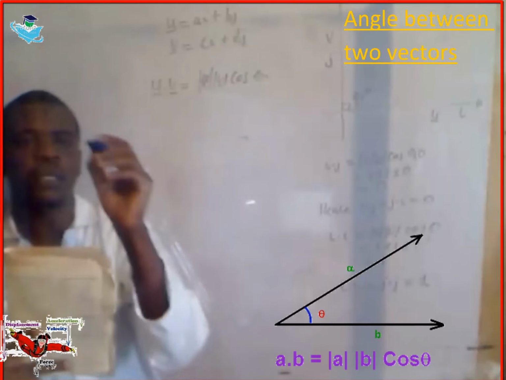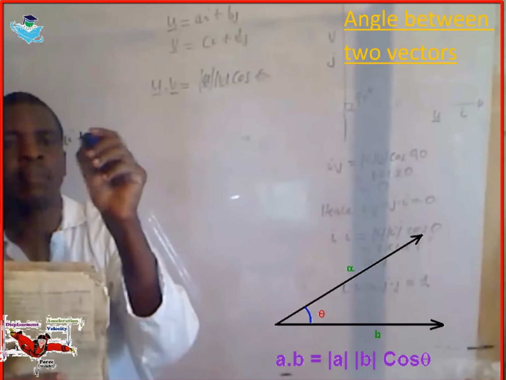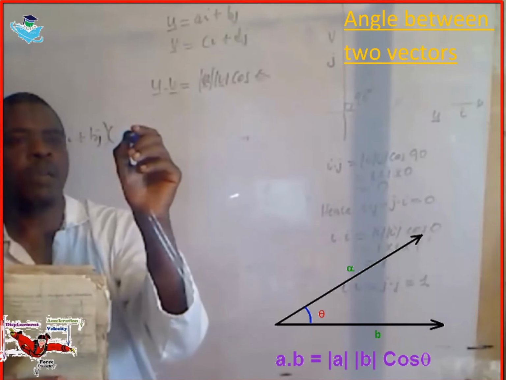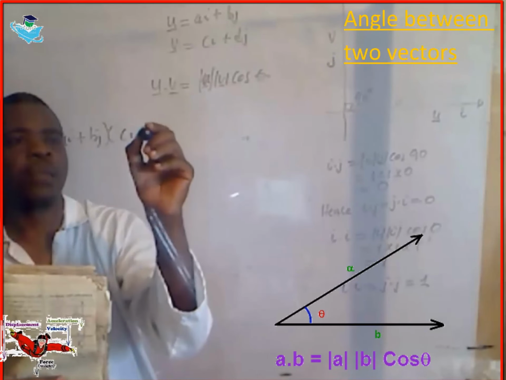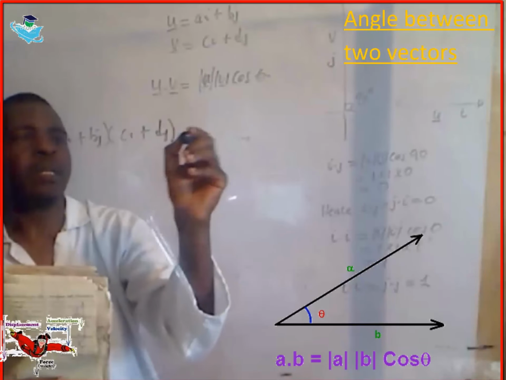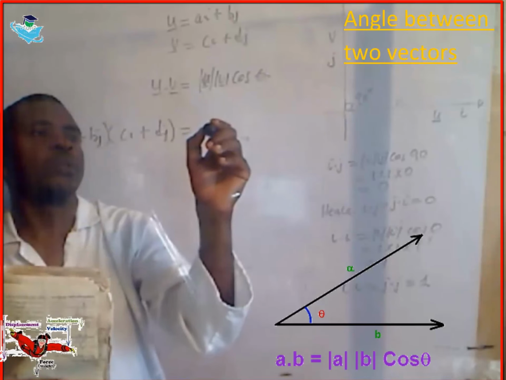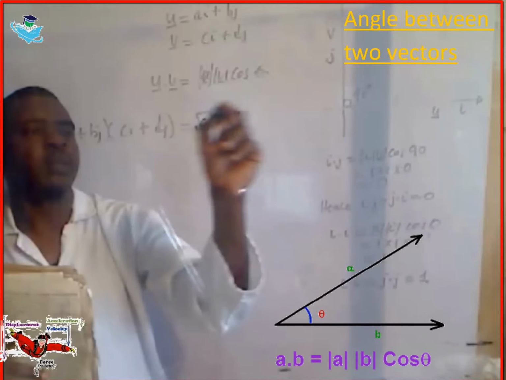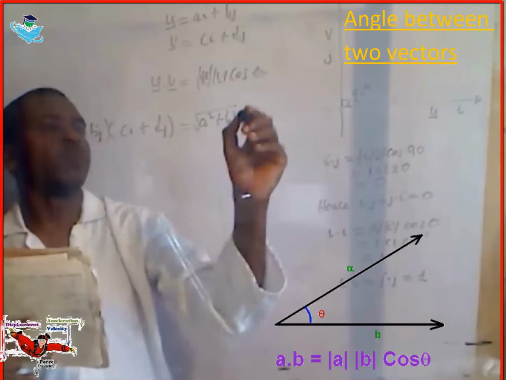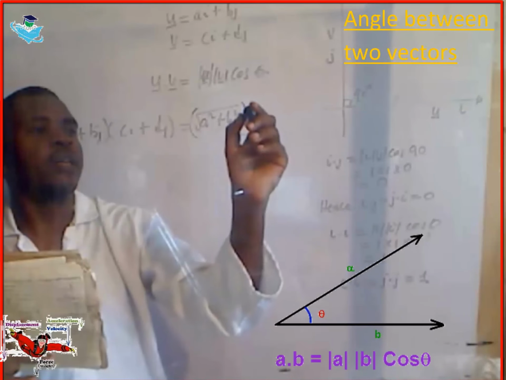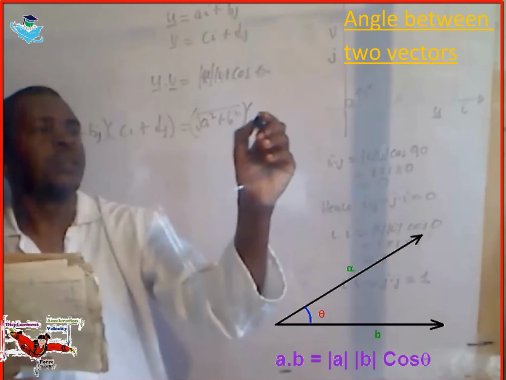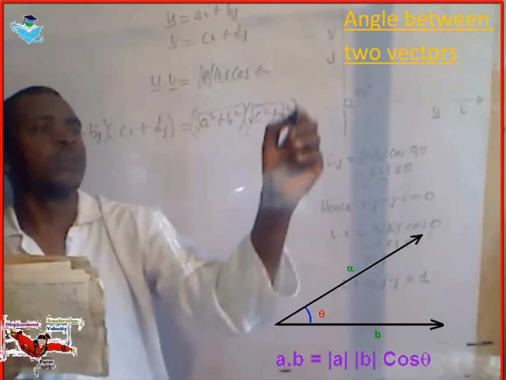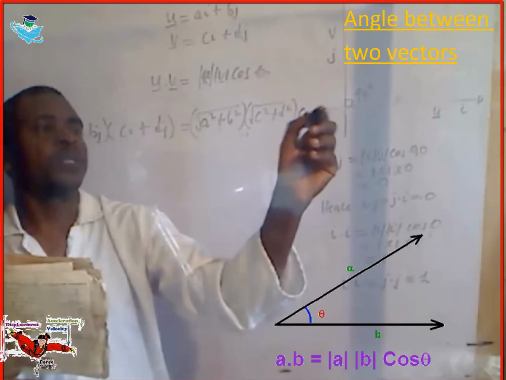That is, ai plus bj times ci plus dj is equal to the square root of a squared plus b squared, times the square root of c squared plus d squared, times cos theta.